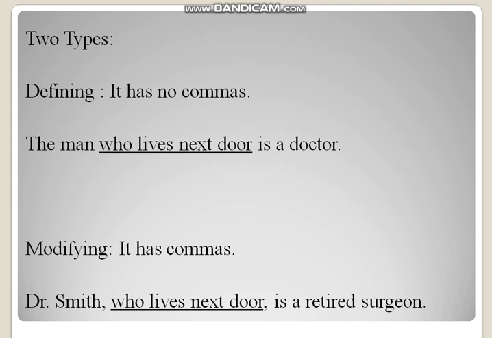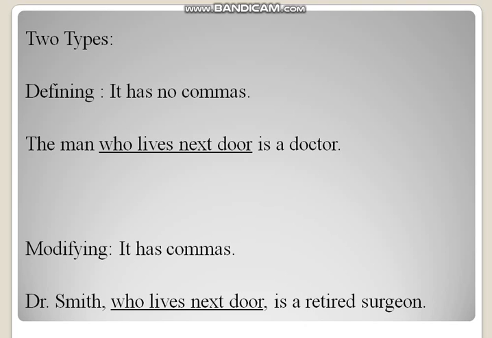If we omitted this adjective clause here and we just said Dr. Smith is a retired surgeon, still it is clear to us that Dr. Smith is a person who is a retired surgeon. So if this type of modifying adjective clause is omitted from a sentence, its meaning would still be clear.